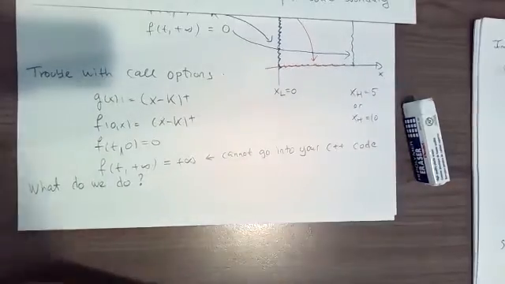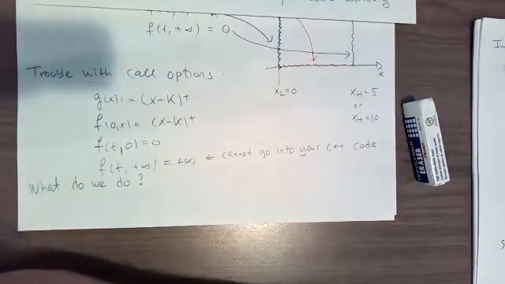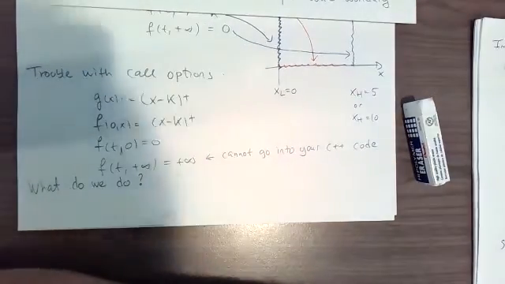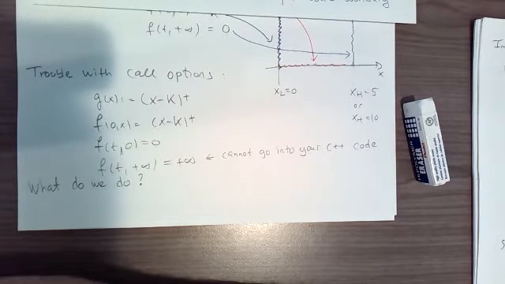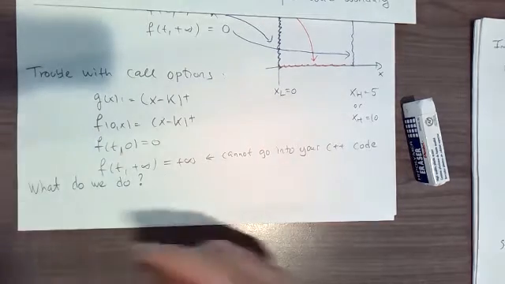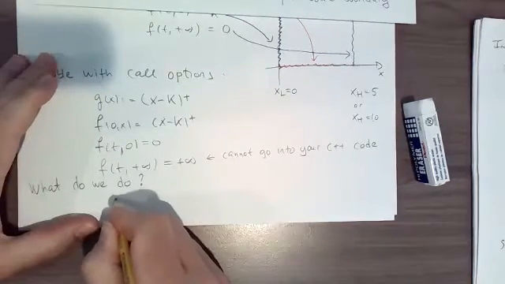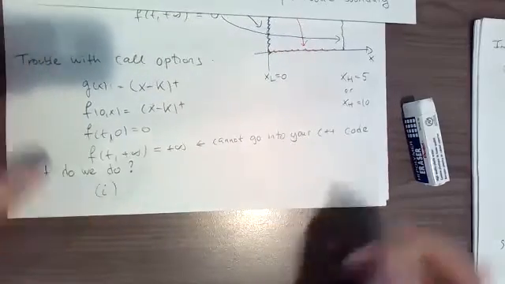Any ideas on what we could do to overcome it? How would you price a call option? One suggestion could be what?